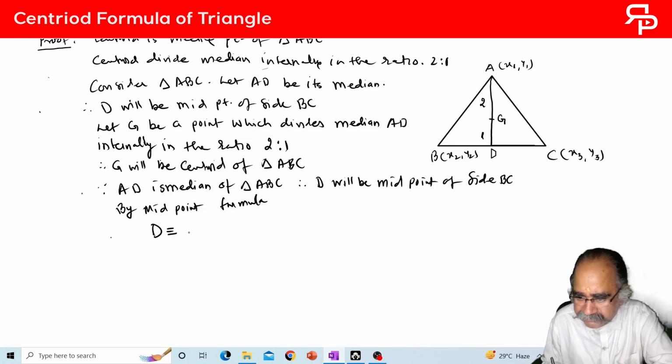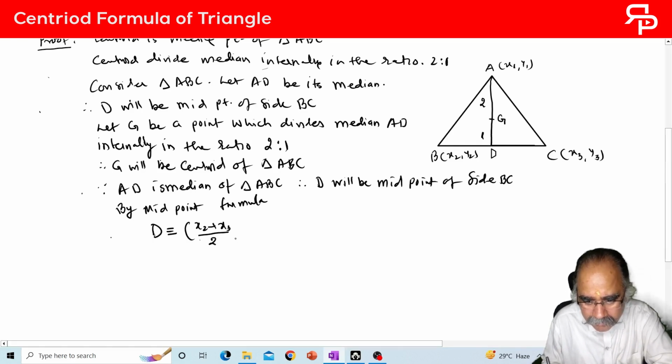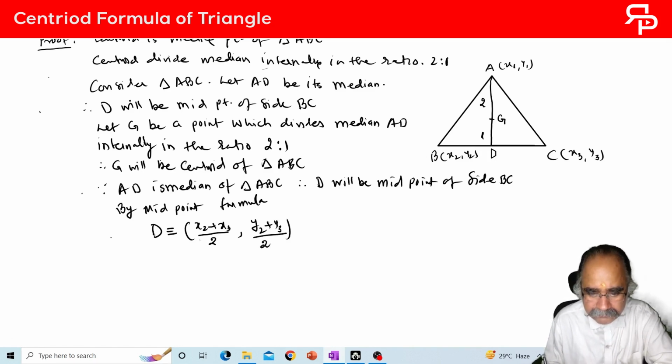It is midpoint of side BC. So sum of x coordinates of B and C divided by 2, that is x2 plus x3 divided by 2, y2 plus y3 divided by 2. This is coordinate of D.